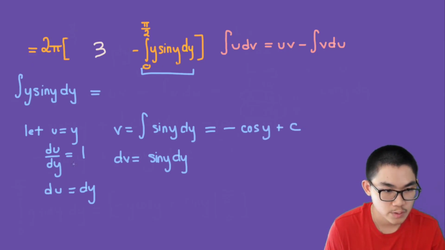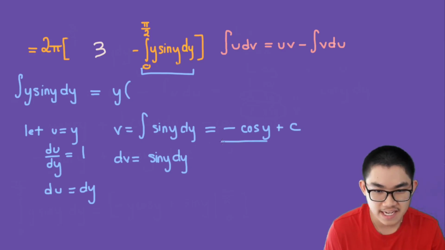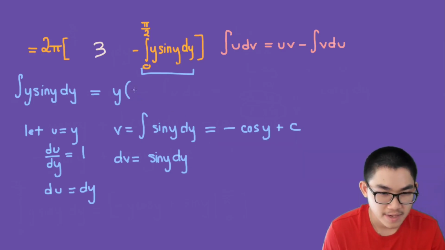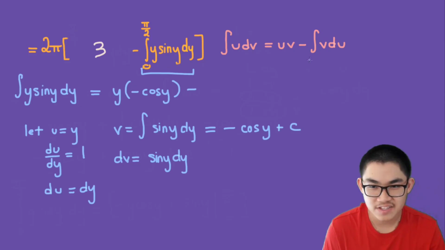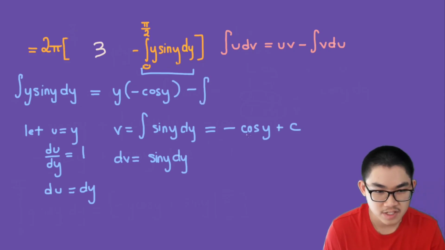So let's substitute our results into this format. So u times v, u is just y. So y times v, v is negative cos y plus c. But in this case, we're just gonna ignore the c. So negative cos of y minus the integral of v. So this is v right here, which is just negative cos of y.